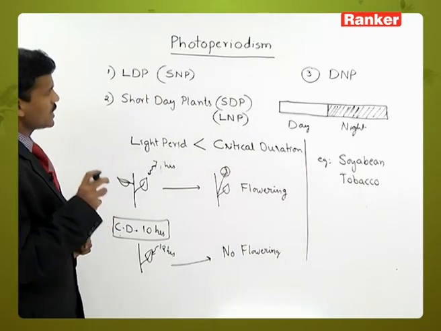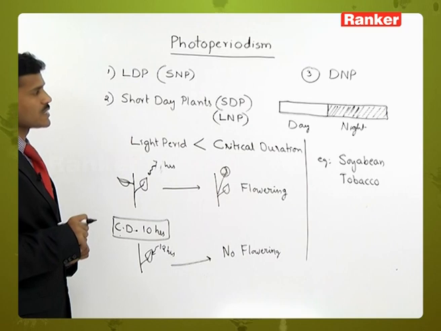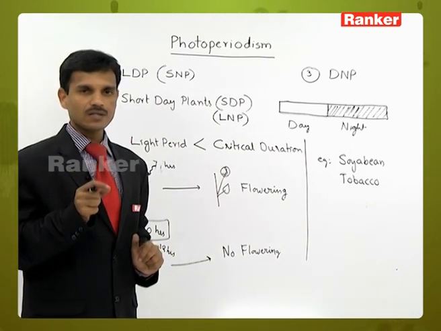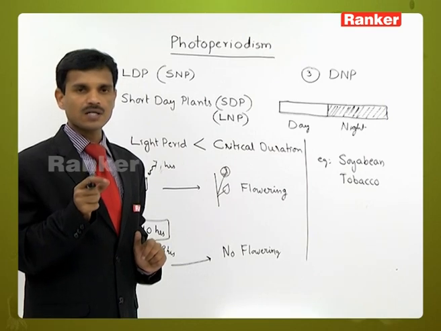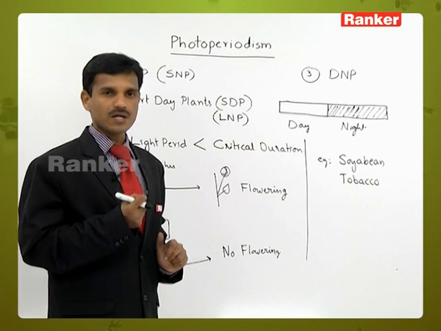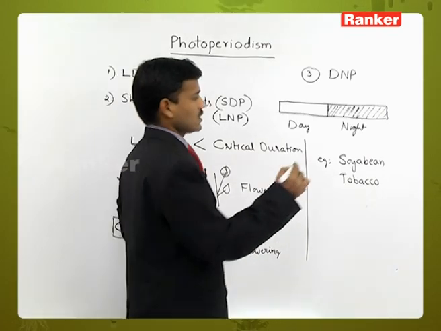How is flowering induced by light? The light perceiving part is not the bud or the inflorescence axis. The light perceiving part is the leaf.